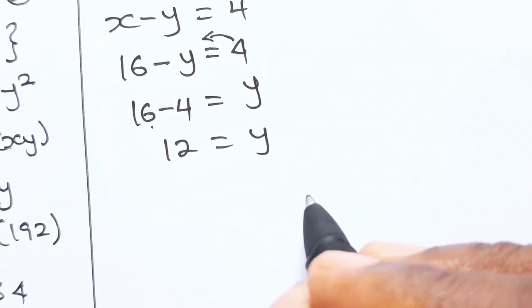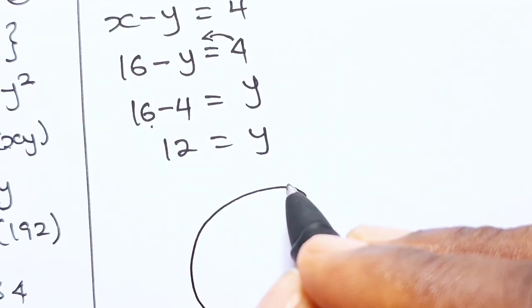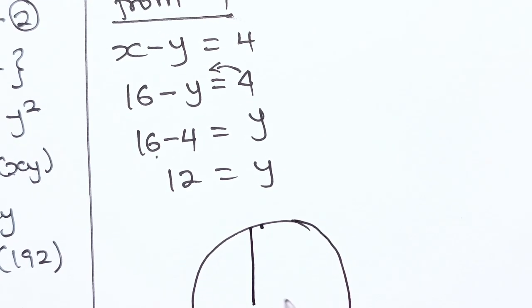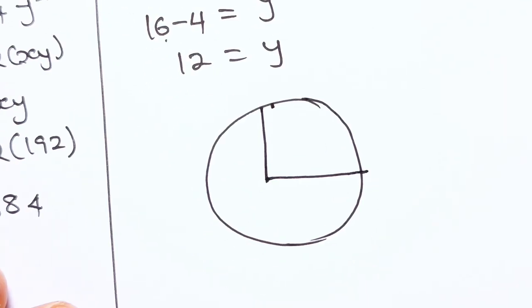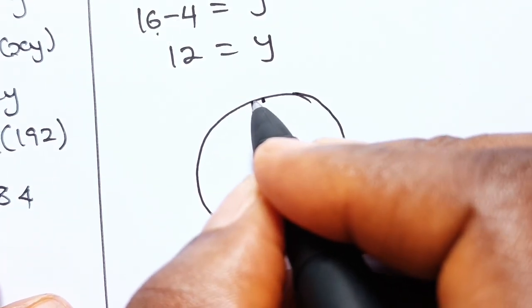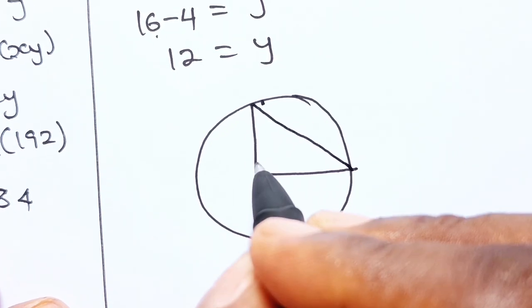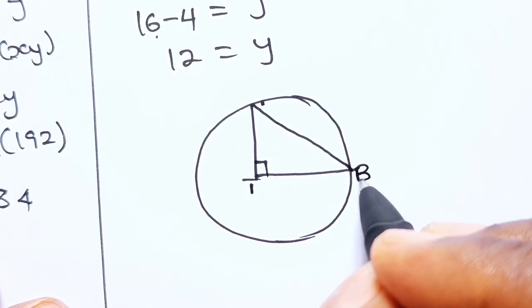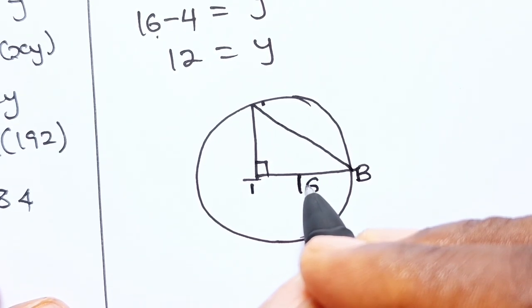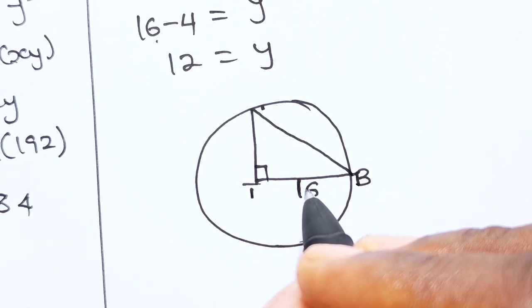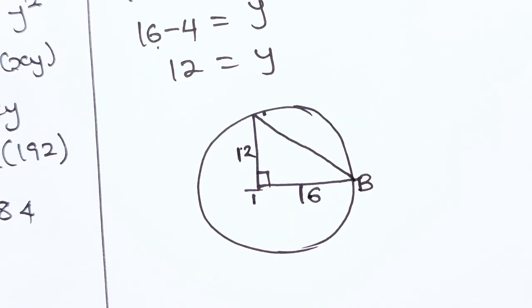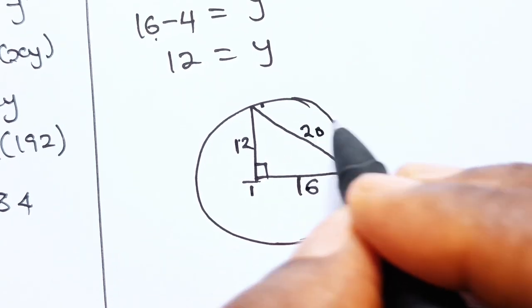I'm going to reproduce the circle here so that we'll explain in details what I'm trying to do. So now we have this and this, okay, and this as well. This is 90. So this is T, this is B, this is 16. We have gotten our x to be 16 and our y to be 12, okay, and this is 20.